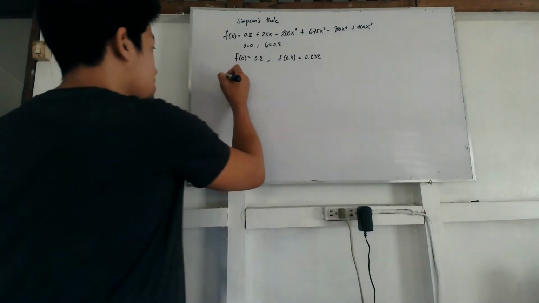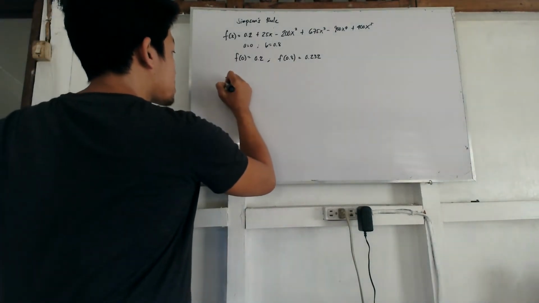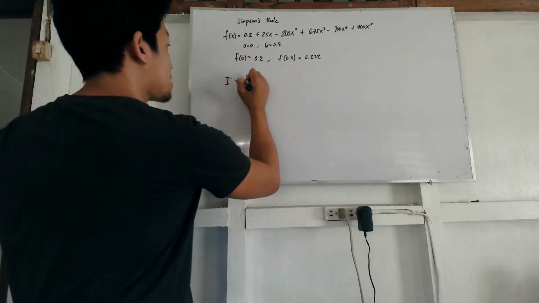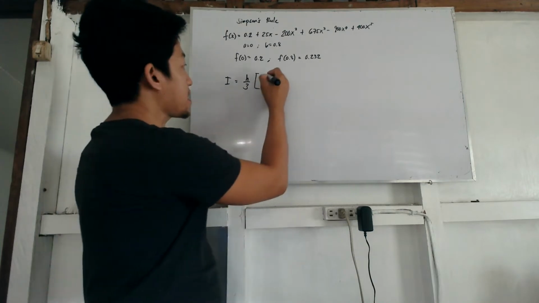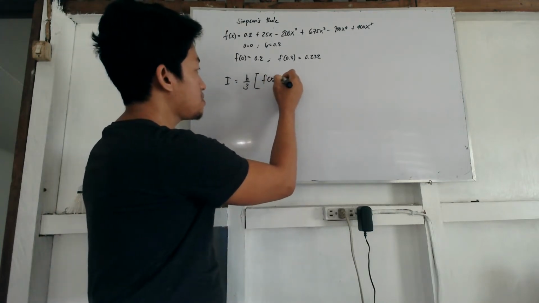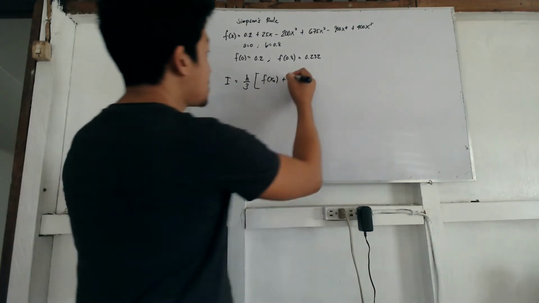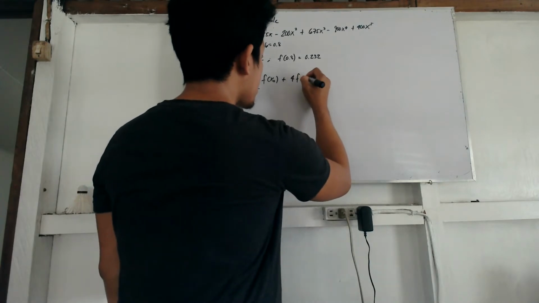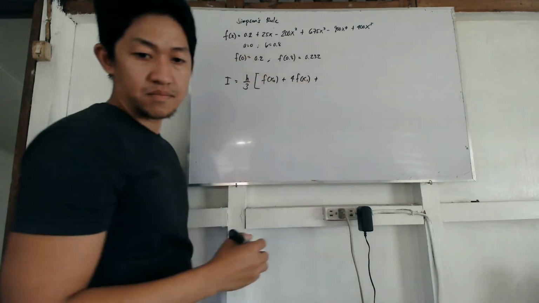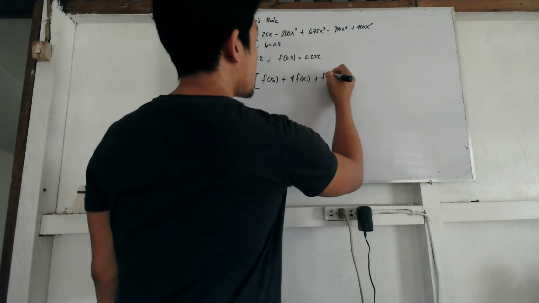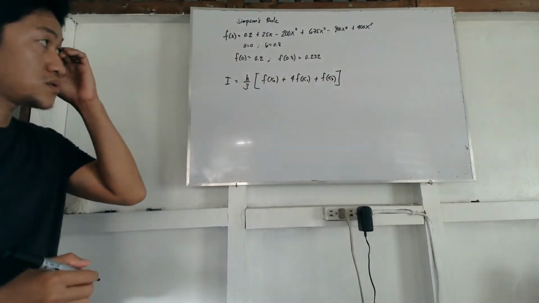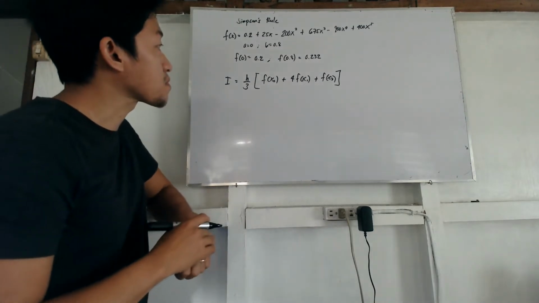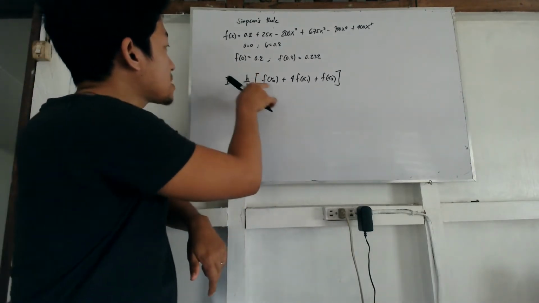According to Simpson's 1/3 rule, the integral is equal to h over 3 multiplied by f of x sub 0 plus 4 f of x sub 1 plus f of x sub 2.